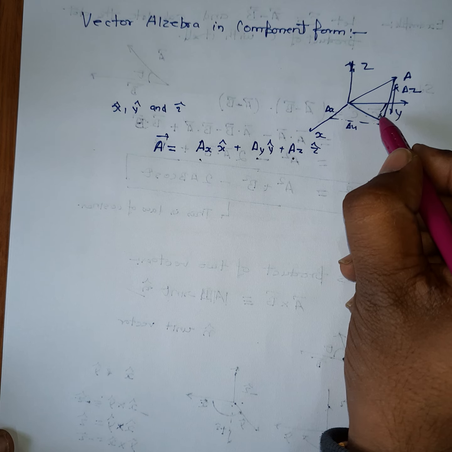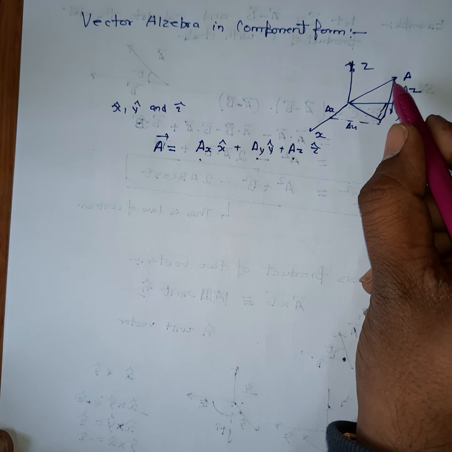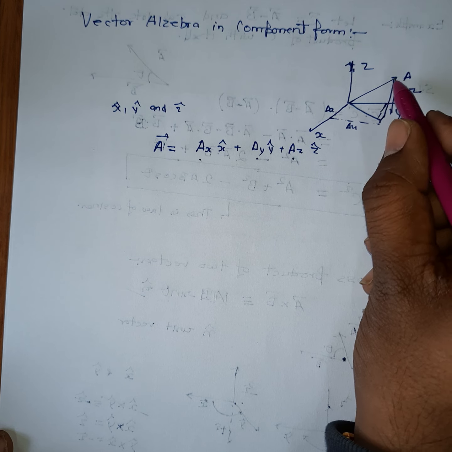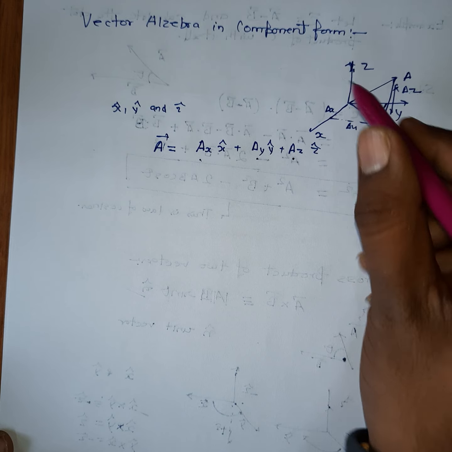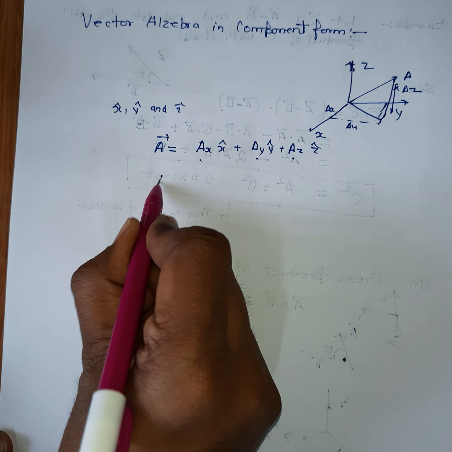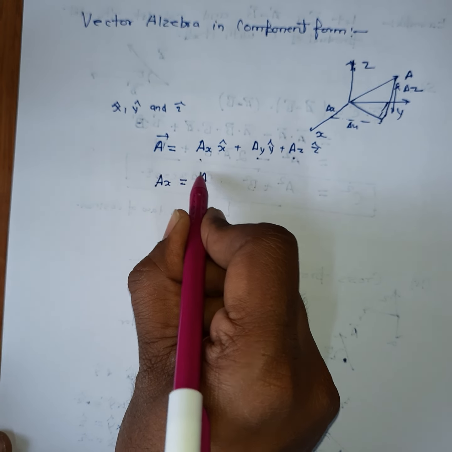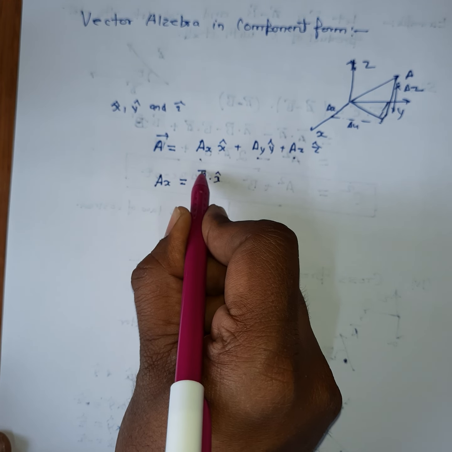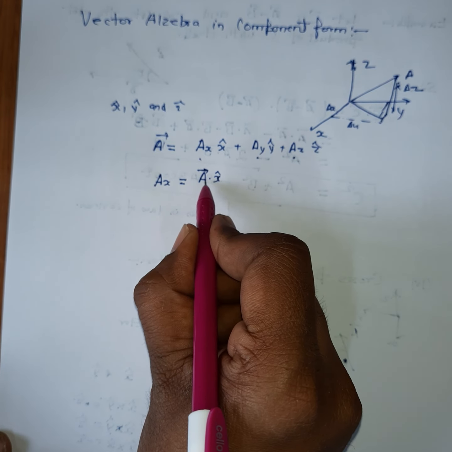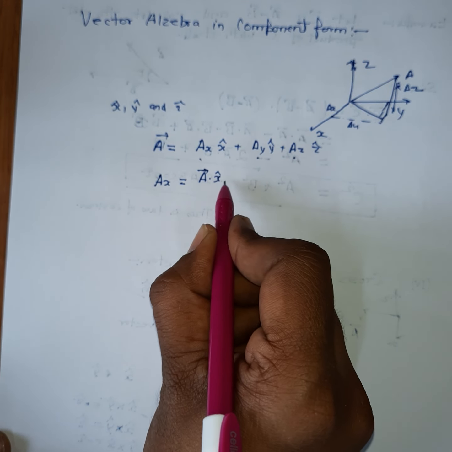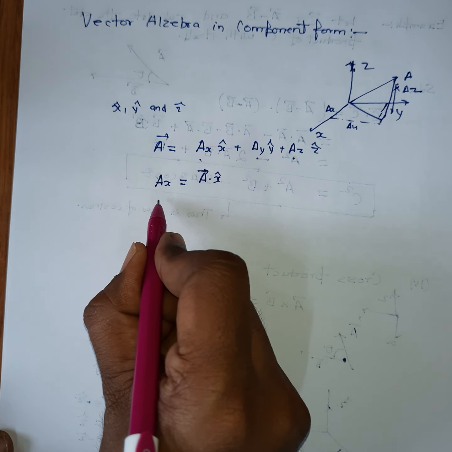From this picture you can see that these ax, ay, az are the projections of a vector along x-axis, y-axis and z-axis. Therefore, ax can be defined as a dot x cap. So when you take the projection of a vector along x-axis, you must multiply the vector with the unit vector of that direction, and this will give you the projection ax.